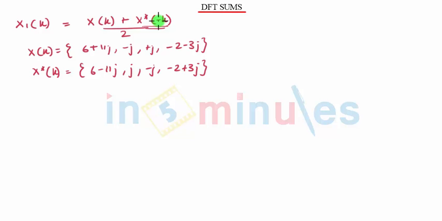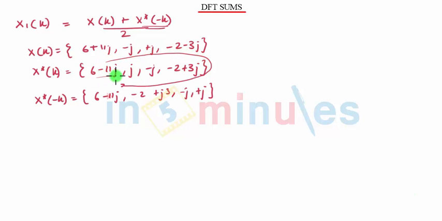So minus k suggests that the whole term should be reversed. That would be x star of minus k is equivalent to 6 minus 11j, comma, minus 2 plus 3j, minus j, plus j. Now observe carefully that we have written it in this way. So the first term is 6 minus 11j, then minus 2 plus 3j, then minus j and j.